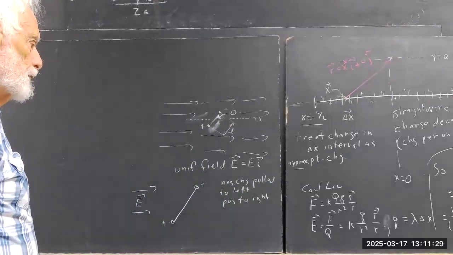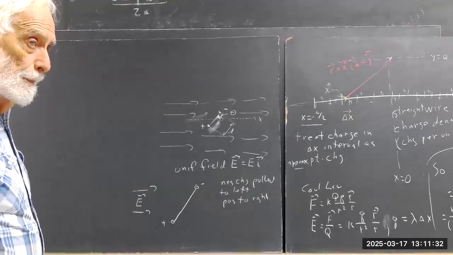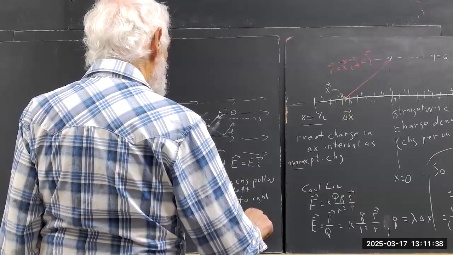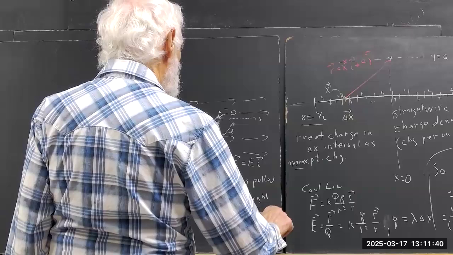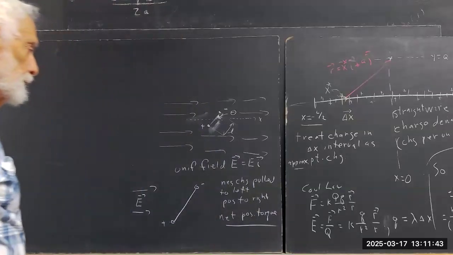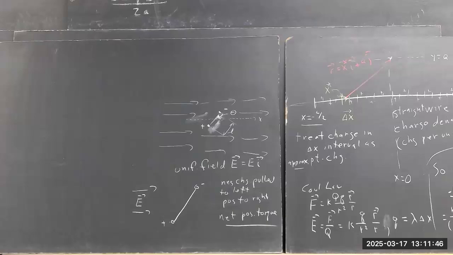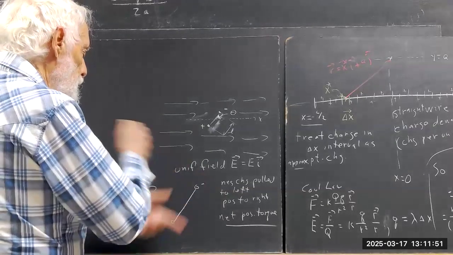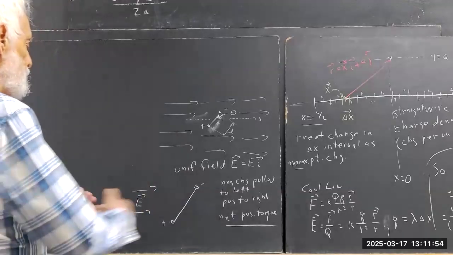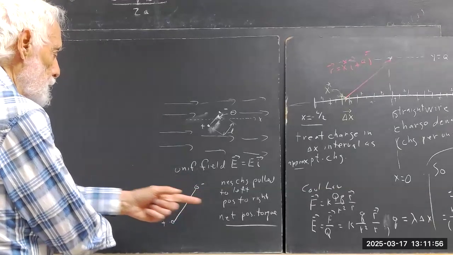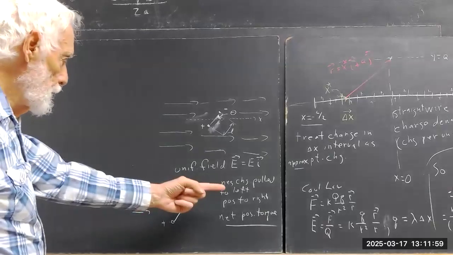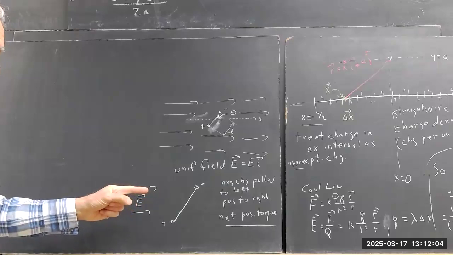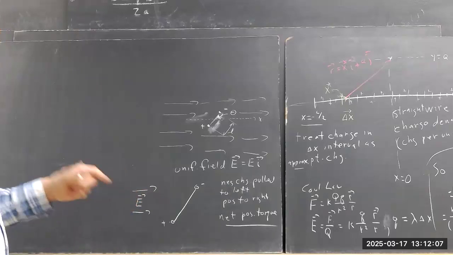Negative charge pulled to the left, positive pulled to the right. Ultimately, if it's free to rotate, it's going to rotate so that the negative will be in this direction, positive in that direction. It'll rotate till it's parallel to the electric field.